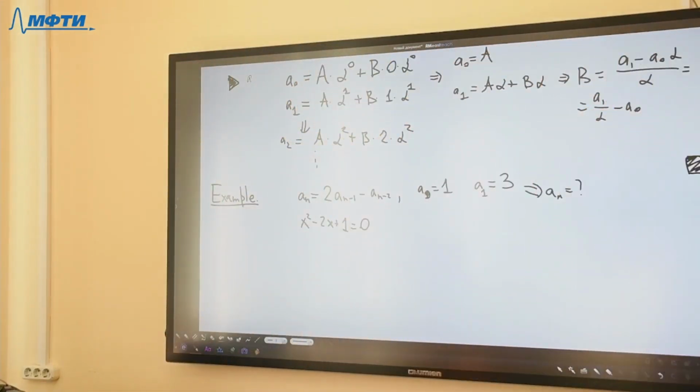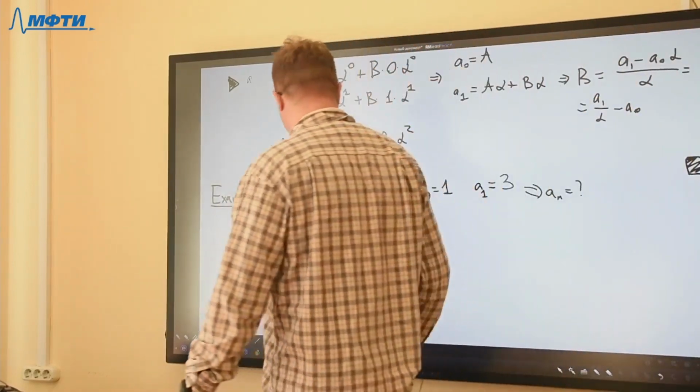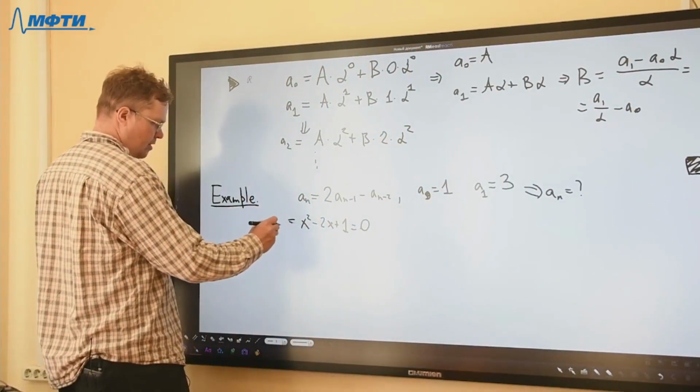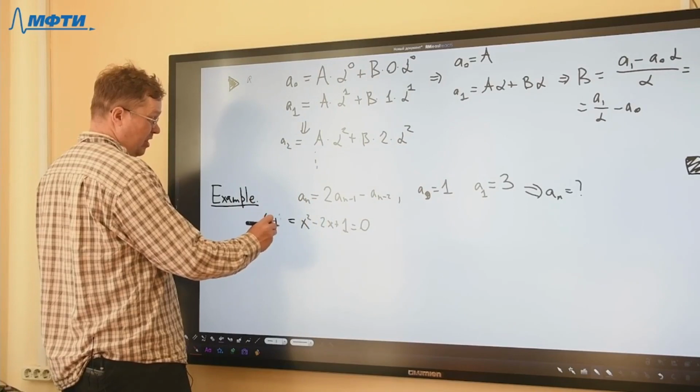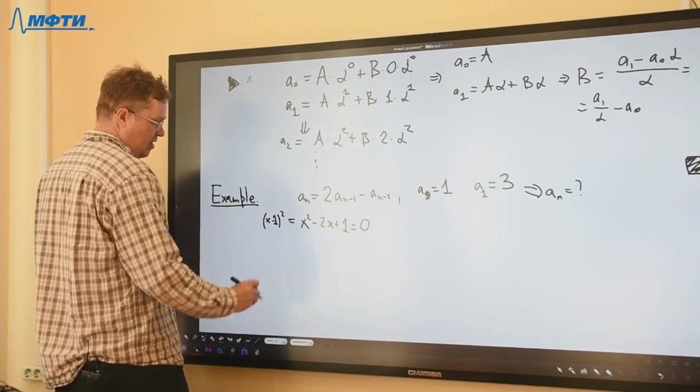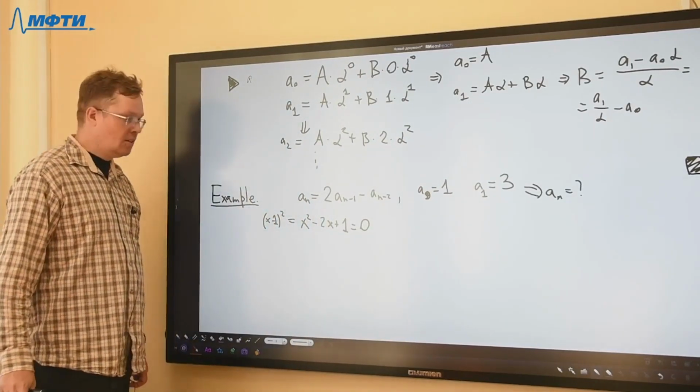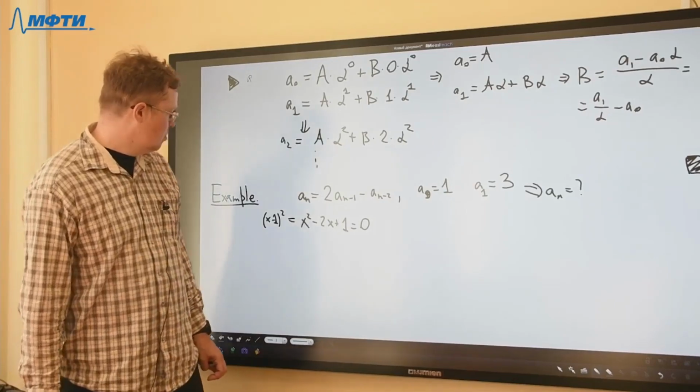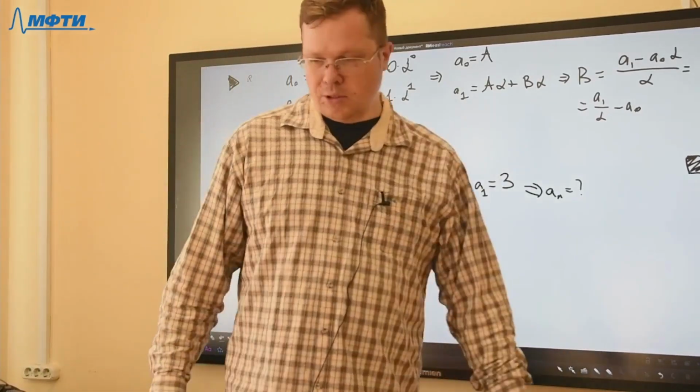So this means that this polynomial has one multiple root. You can write this as x minus 1 squared. And so we know that the root is equal to 1.